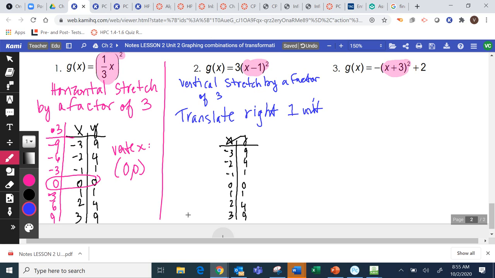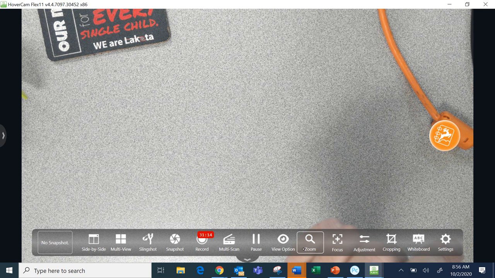Something's going on with my computer. It's slow. So my table, I'm going to multiply by 3, and I'm going to add 1. I'm going to pause my video for 1 second, see if I can fix my computer.